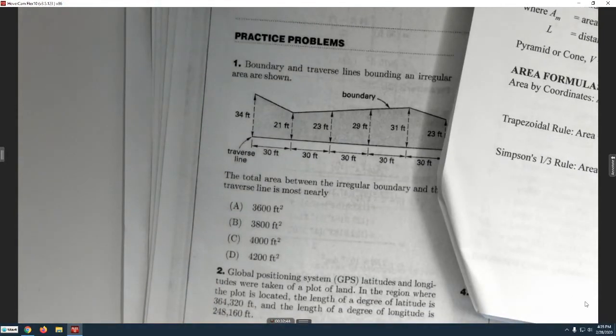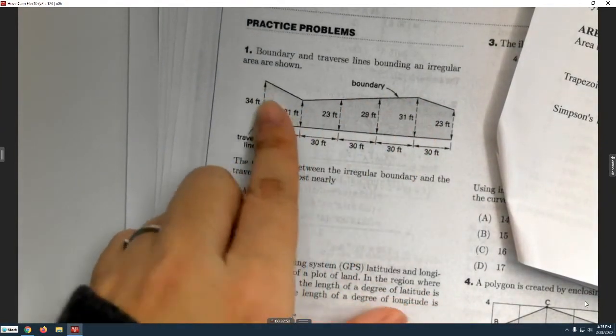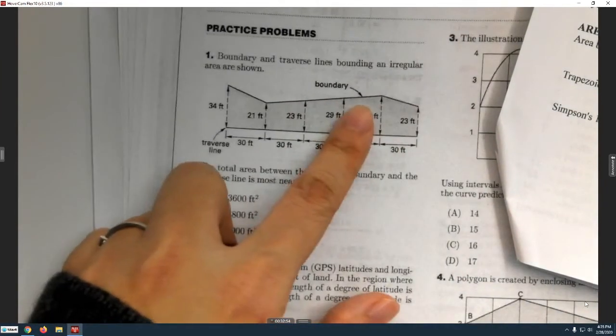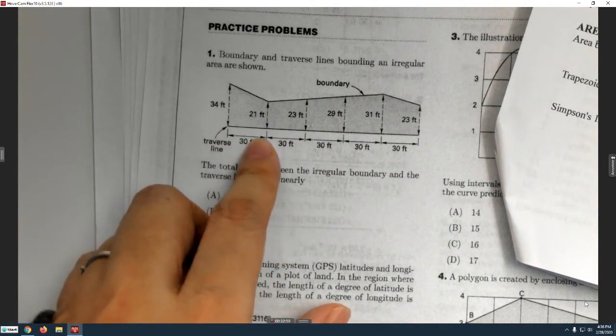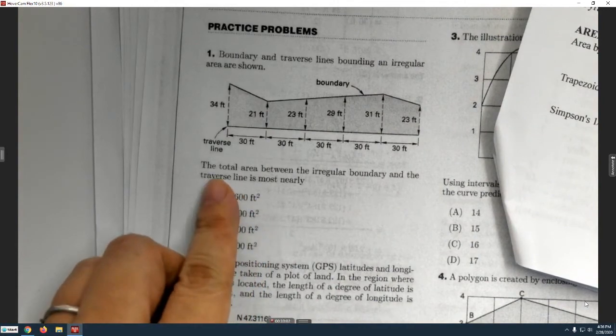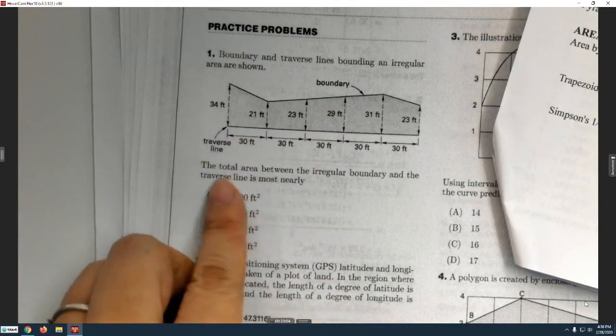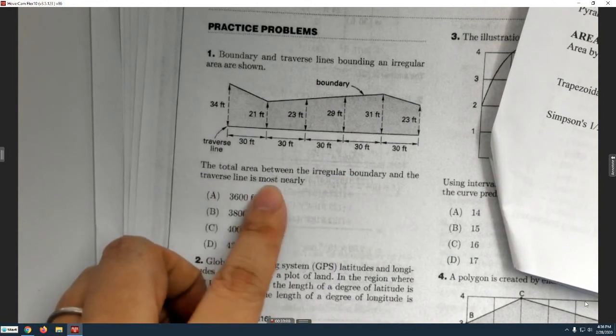So for example, this one gives you the profile view of some road segment. This is the horizontal distance, this is the elevation, and it asks for the total area between the irregular boundary and the traverse line.